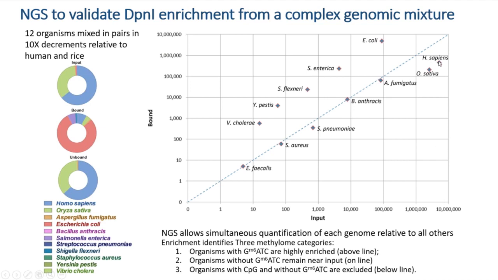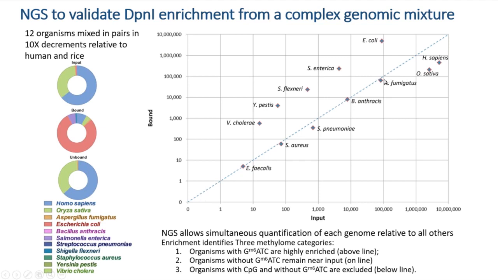But then you can also see that in the enriched or bound fraction, we only recovered back 500,000 reads or hundreds of thousands of reads. So it was greatly depleted in the enriched fraction compared to the input fraction. And in fact, this dotted line shows you what the input fraction should look like.